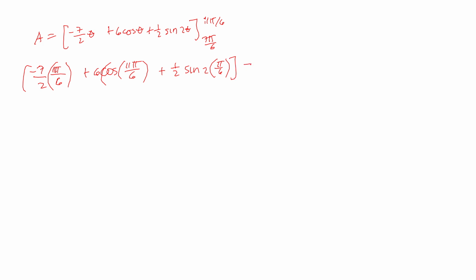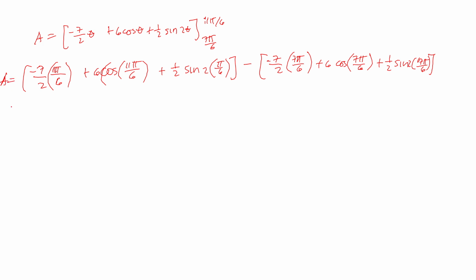Then minus negative 7 over 2 times 7 pi over 6 plus 6 times cosine of 7 pi over 6 plus 1/2 sine of 2 times 7 pi over 6.